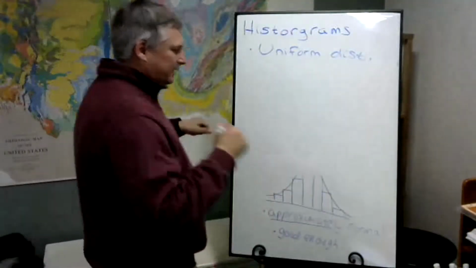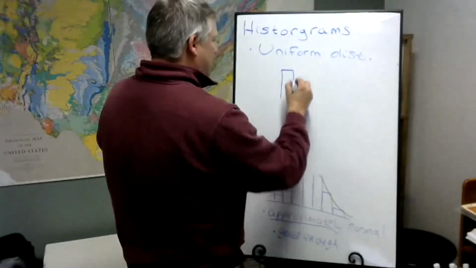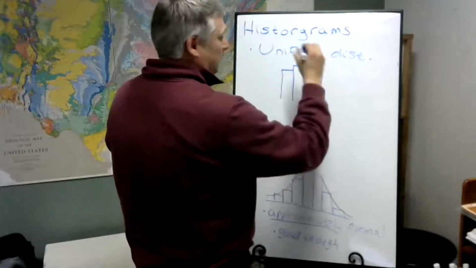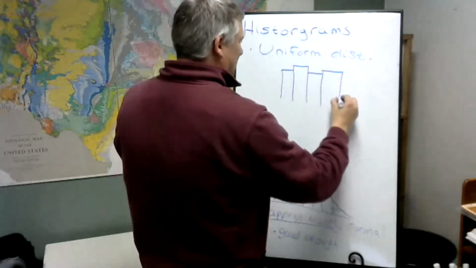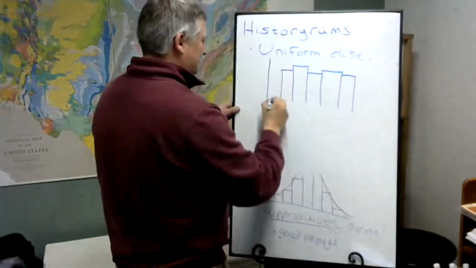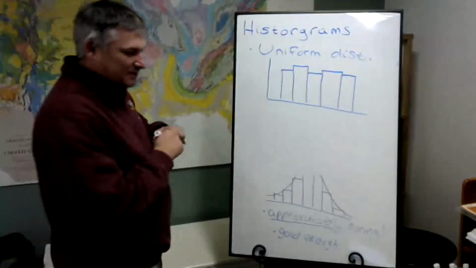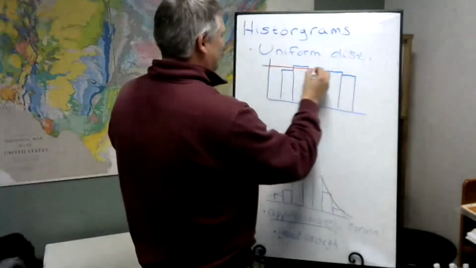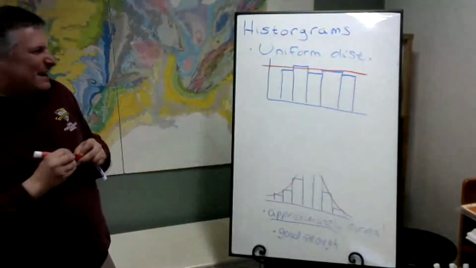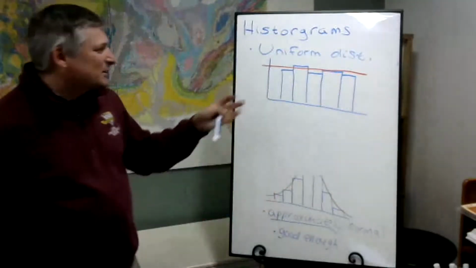But what this one looks like, the bars in your histogram, they're going to be roughly, very roughly the same height. So you're going to get something kind of like this. So it's kind of the same height, but again, it just has to be good enough. You can kind of see there's a trend here.